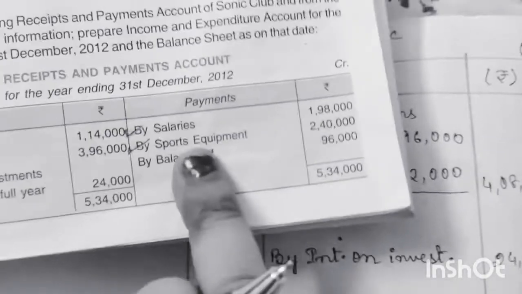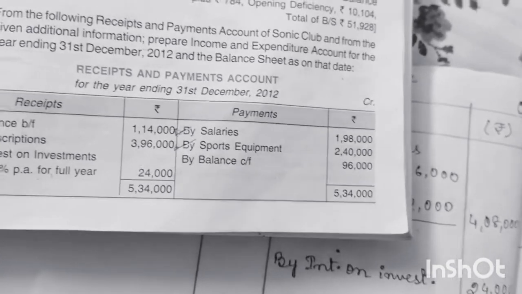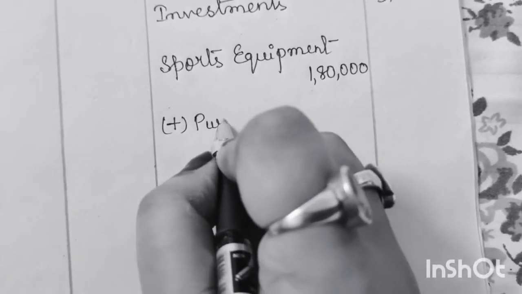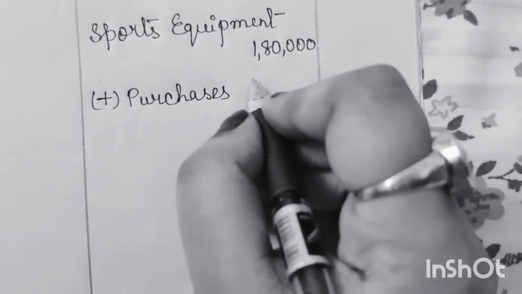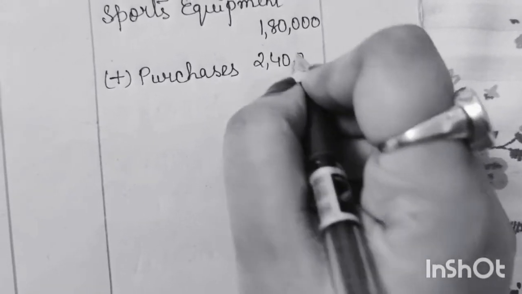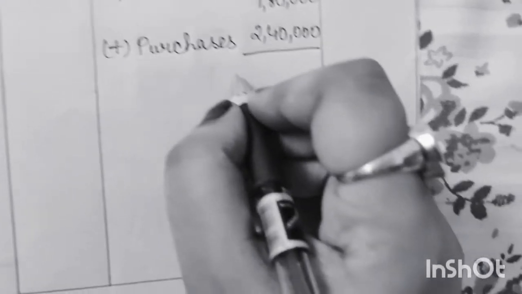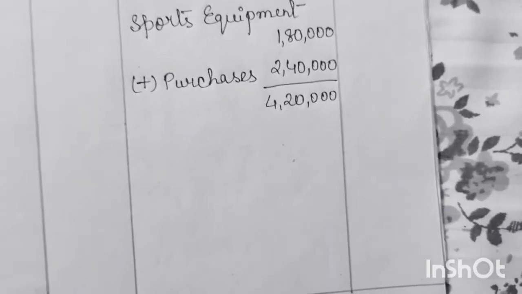As you all remember, some equipment was purchased in the middle of the year, so we will have to add this additional purchase. 2,40,000 we have purchased in the middle of the year. Then what should be the total? 4,20,000.